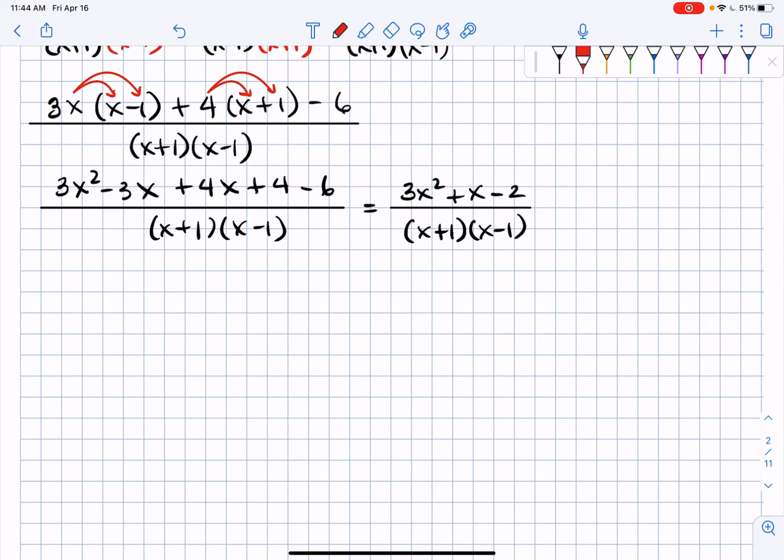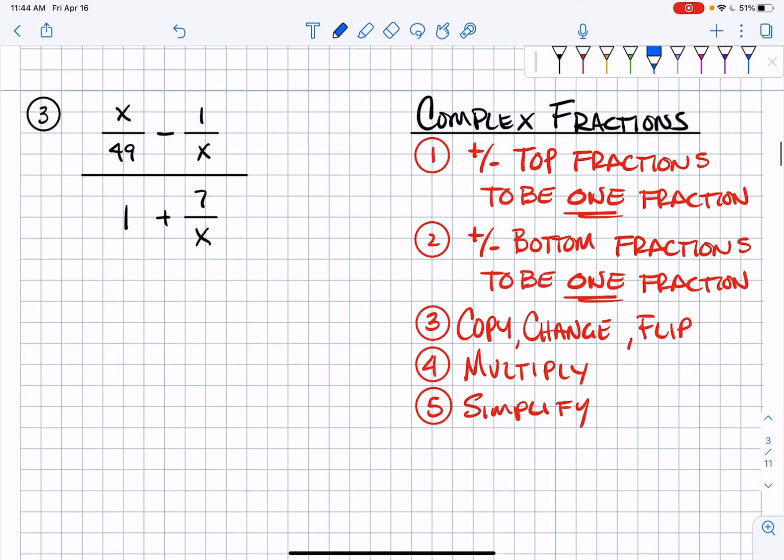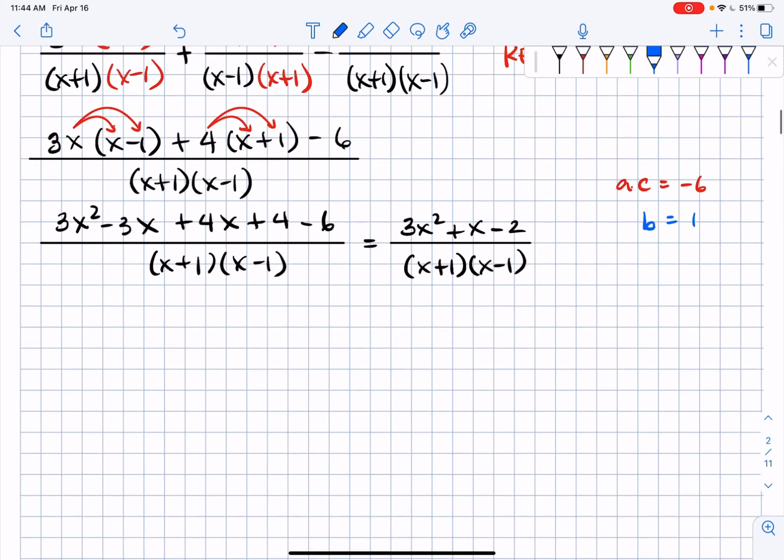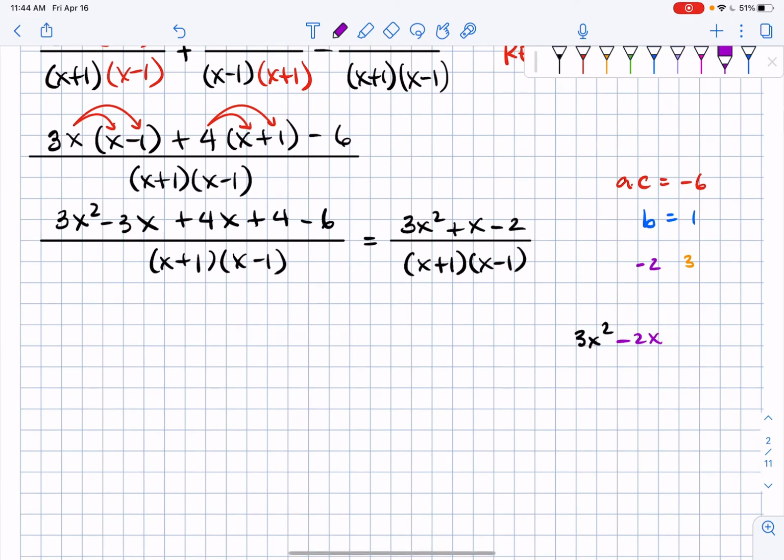So if I look at it, a times c is equal to negative 6, while b is equal to 1. So I could do negative 2 and positive 3, all right? So let me see here, 3x squared minus 2x plus 3x minus 2.